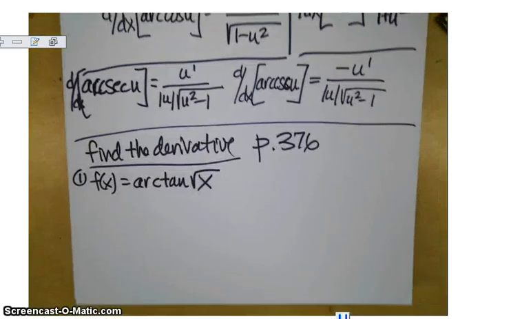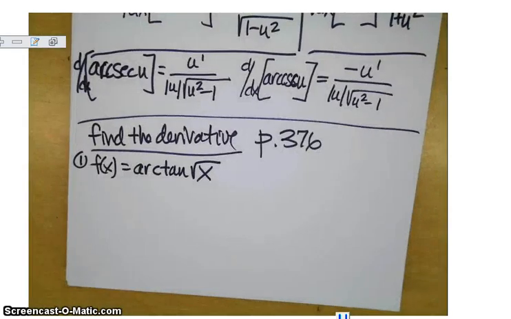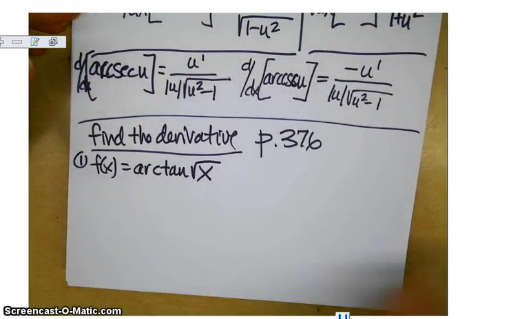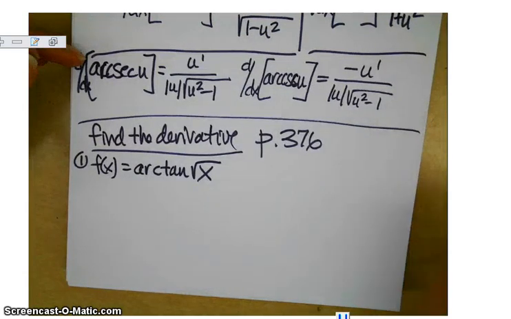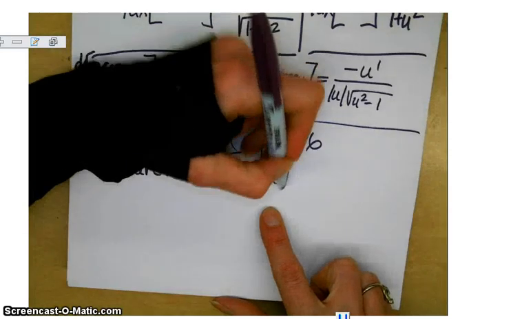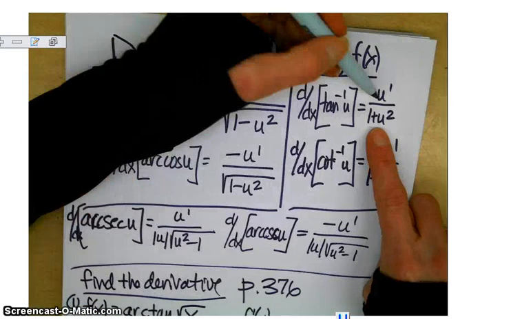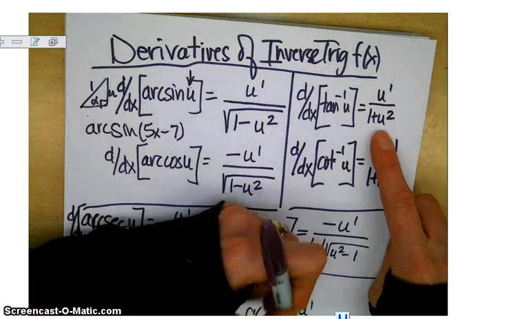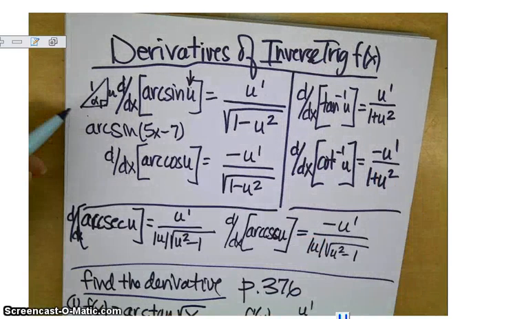First thing I want to do is write down the formula that I'm going to use. So what's the derivative of the arctangent of x equal to? The general format of this is going to look like u prime over 1 plus u squared. This is what my derivative is going to look like.